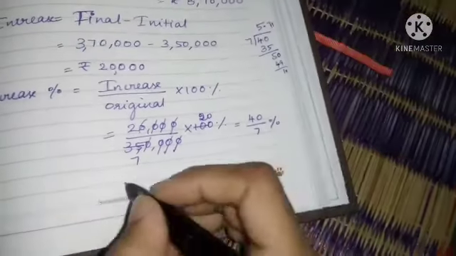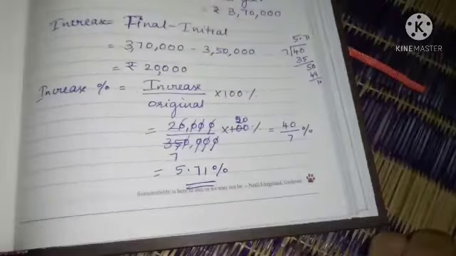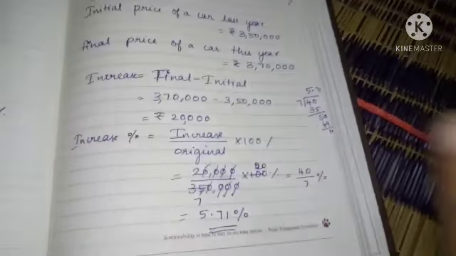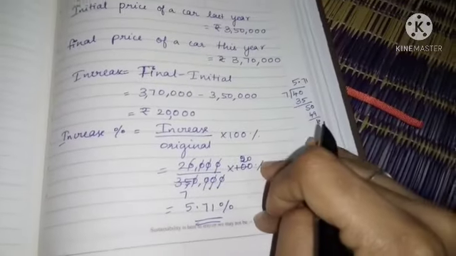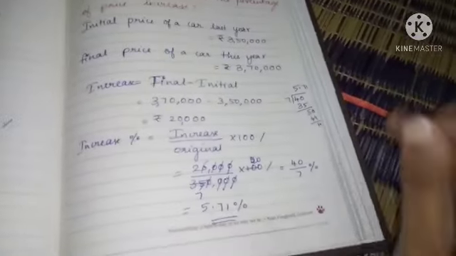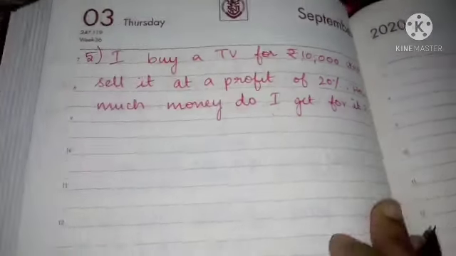So it is approximately 5.71% of the original amount that has been increased from last year to this year. Understood, children?